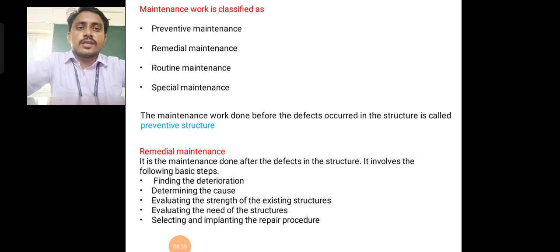The next, coming to the second one, determine the cause. See, once the damage is identified in the structures, how did the damages occur? What are the reasons?